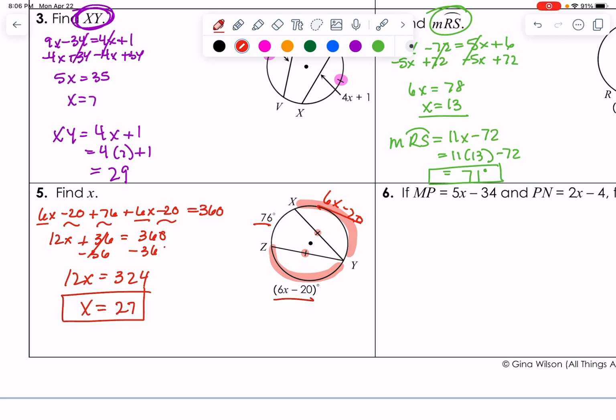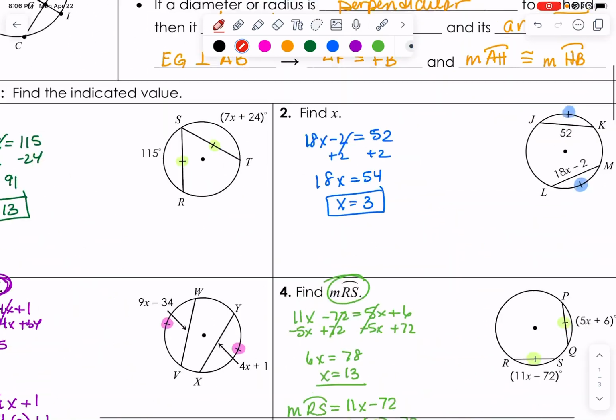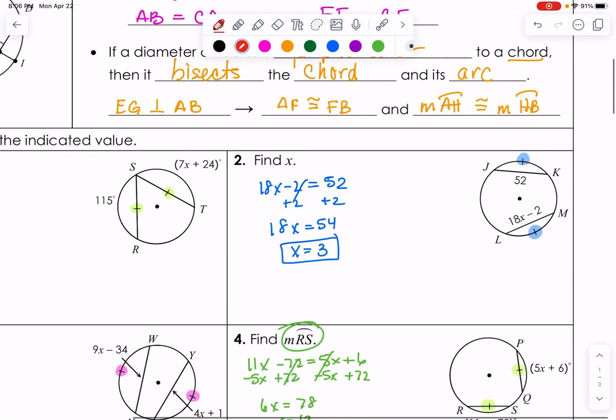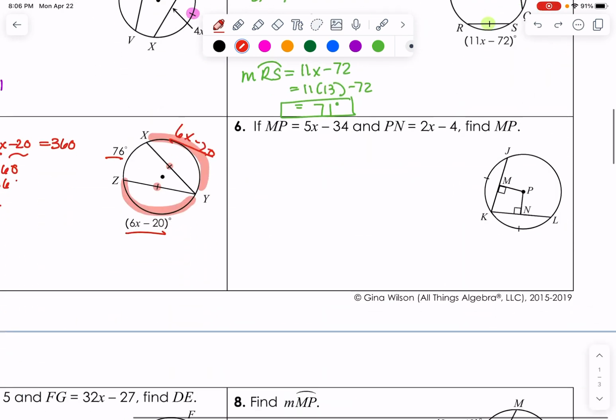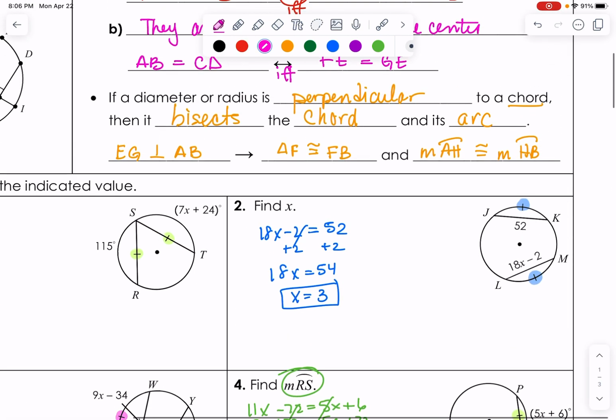Now the next one starts taking us into that next diagram where we've got a couple more pieces. So this time we're looking at the second property that says if the radius or diameter is perpendicular to a chord, then it bisects everything.